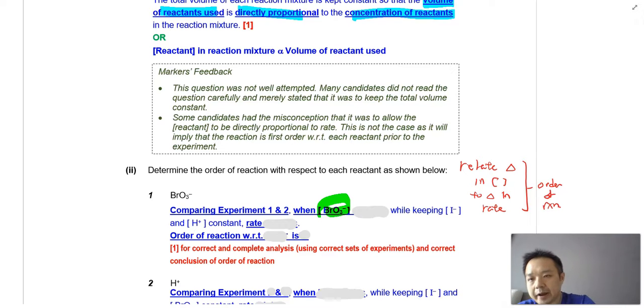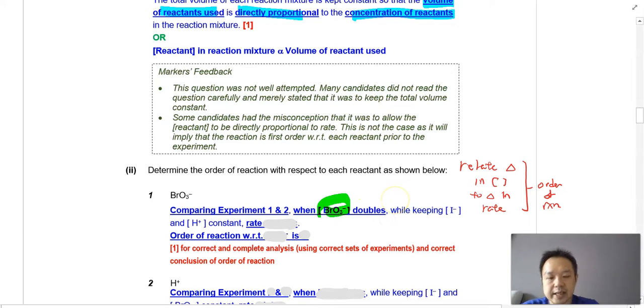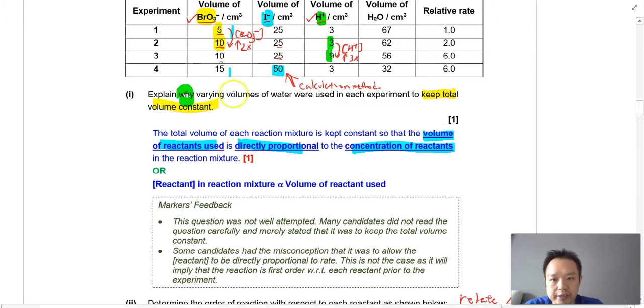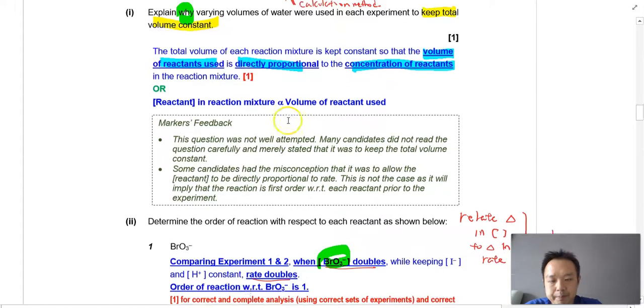So comparing experiment 1 and 2, BrO3 minus doubles, or you can say increases 2 times. Rate also doubles, and as a result, the concentration change to the rate change is proportional. Double, double. Therefore, order of reaction with respect to BrO3 minus is 1. For the case of H+, as I mentioned earlier, we need to compare experiment 2 and 3.